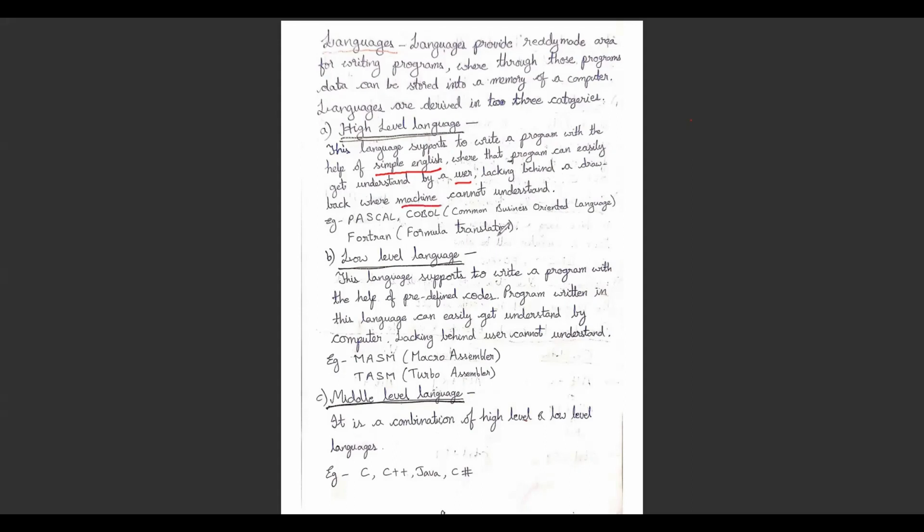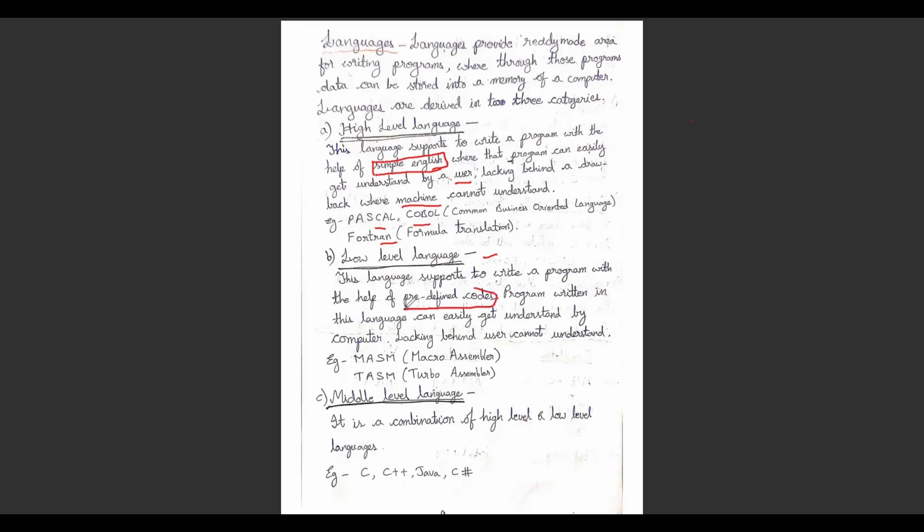Examples are Pascal, COBOL, Fortran. These are the computer languages. Then you have low level language. Keep in mind that a high level language starts with simple English, whereas a low level language supports writing a program with the help of predefined codes.